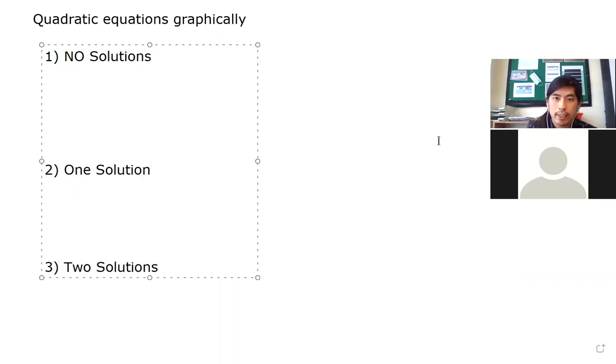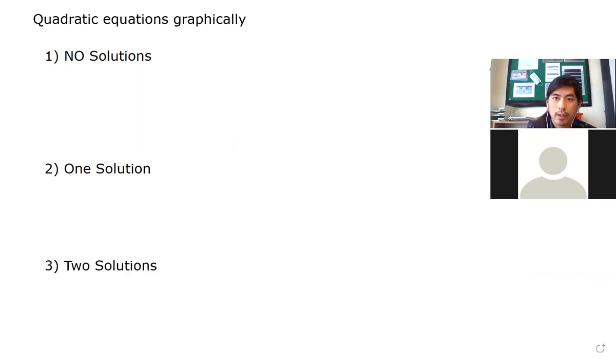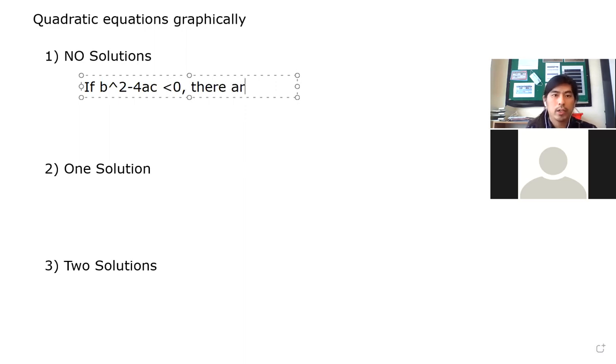Now, we did this yesterday, the no solutions. If b squared minus 4ac is less than 0, there are no solutions.